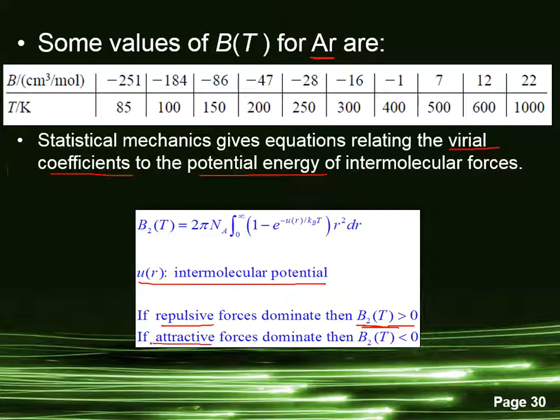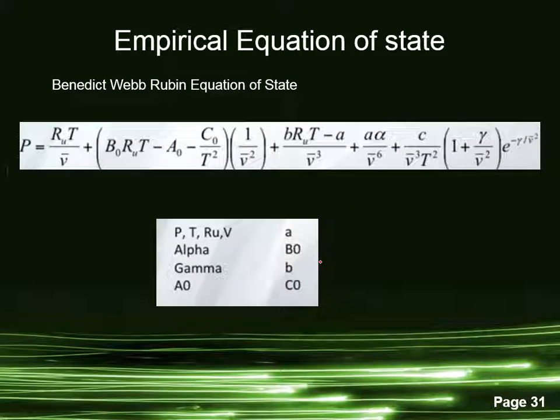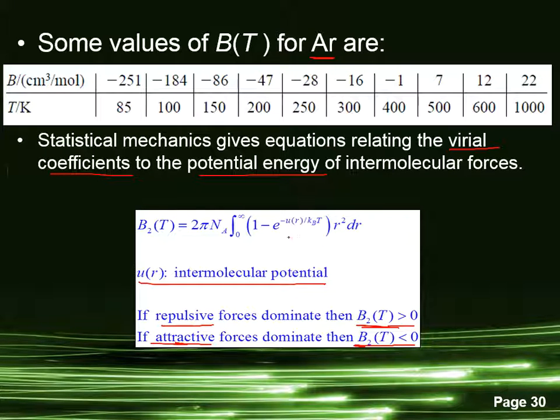And if attractive forces dominate at lower temperatures, then B is smaller than 0. As I said in the previous slide, once Vm is much larger than B, according to the series, we can rearrange the van der Waals equation in the form of the virial equation. Therefore, the second virial coefficient is related to the van der Waals coefficients A and B.